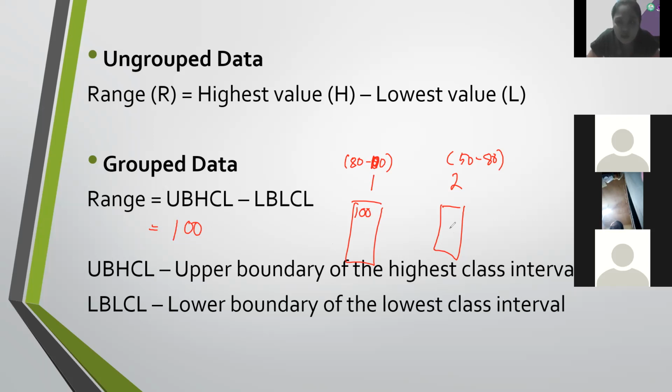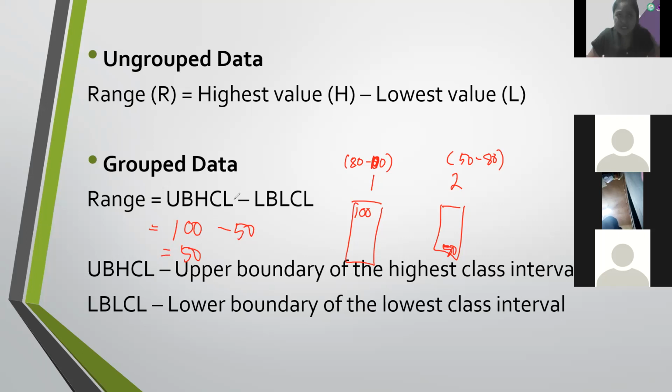And then dito naman sa LBLCL, that's the lower boundary of the lowest class interval. Hanapin mo din yung pinakamababa na score here. So for example, may nakakuha ng 50. So this is 100 minus 50. The group range is 50.